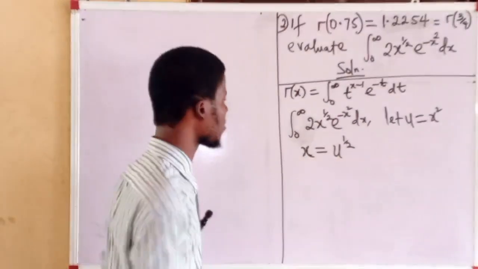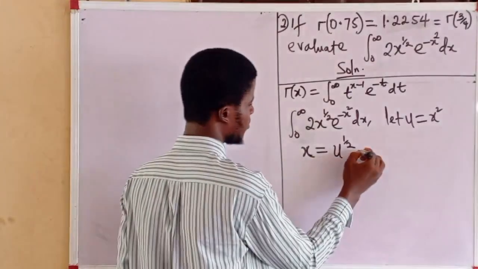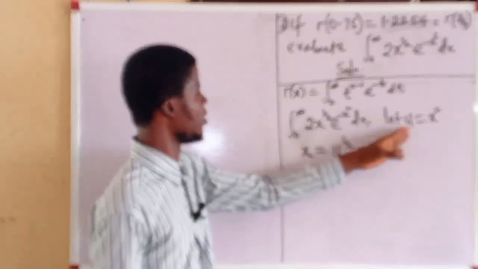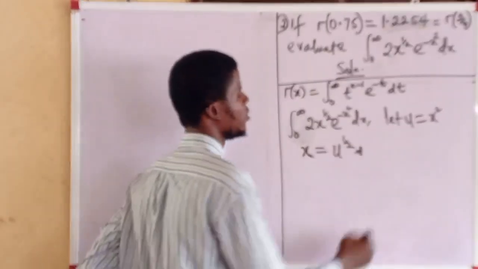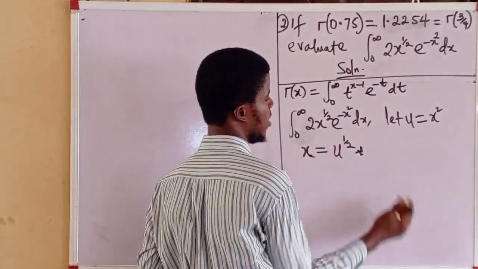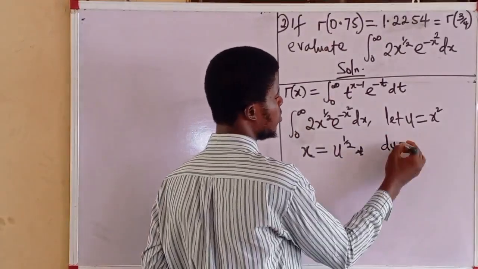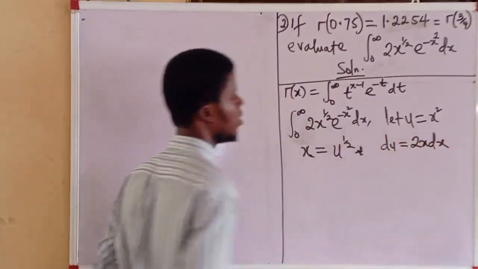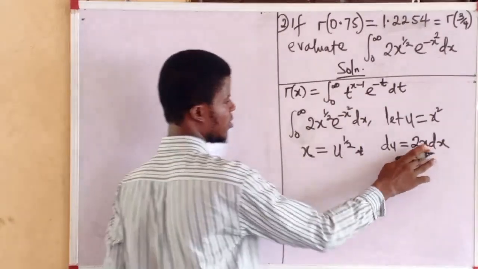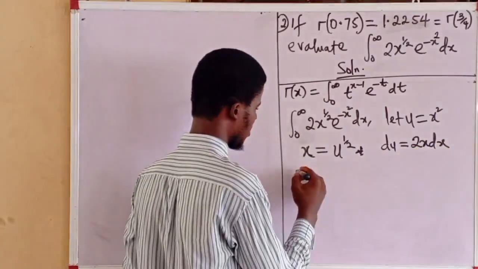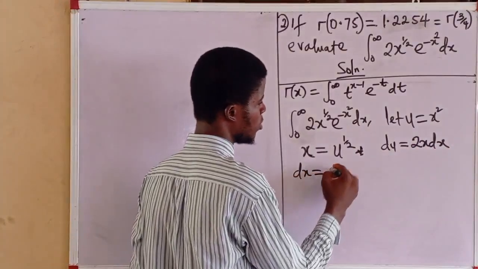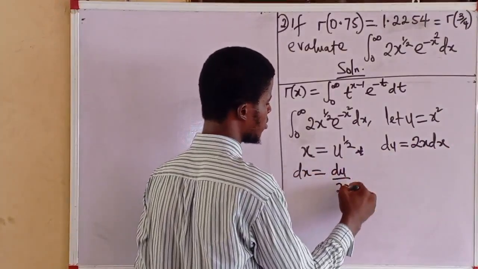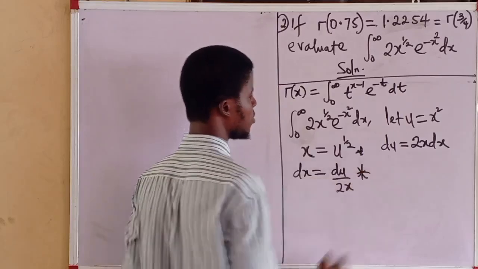So let's take note of this. Also, I can differentiate u with respect to x. du is 2x dx. Making dx the subject of the formula, dx is equal to du all over 2x. So let's also take note of this.